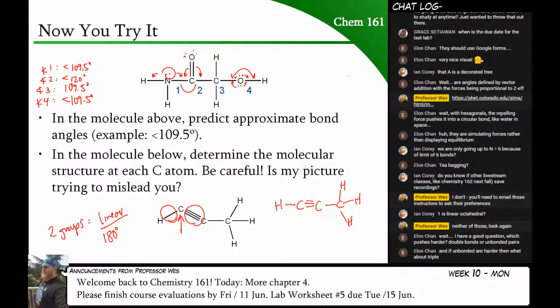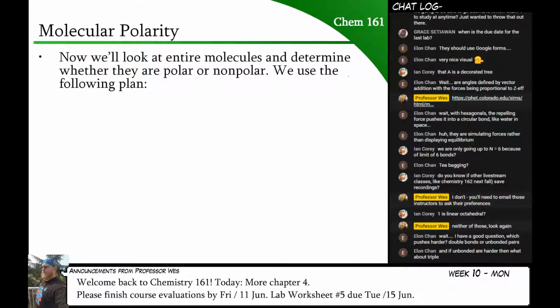So let me just briefly talk about what we're going to do for polarity. The next thing we're going to do is look at geometry and apply the idea of electronegativity to it.